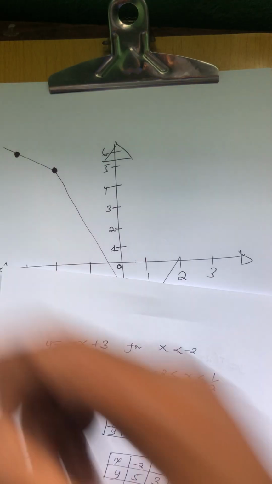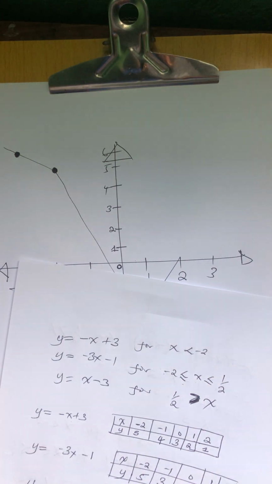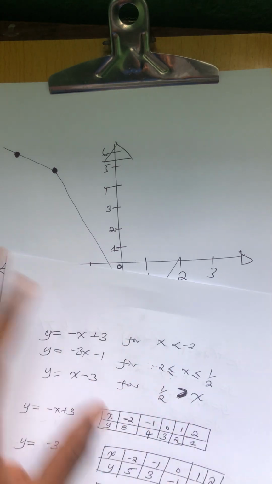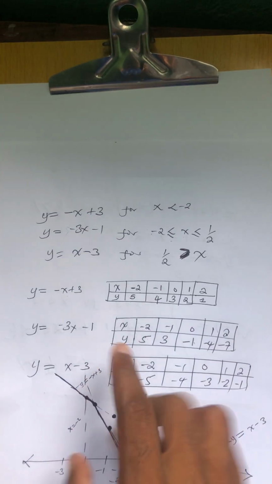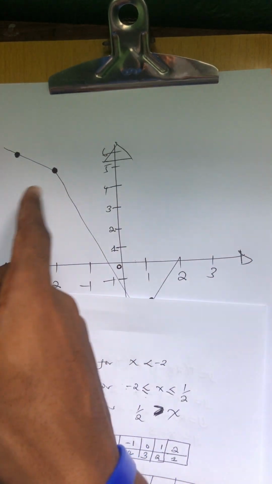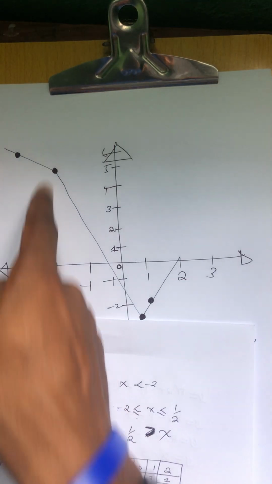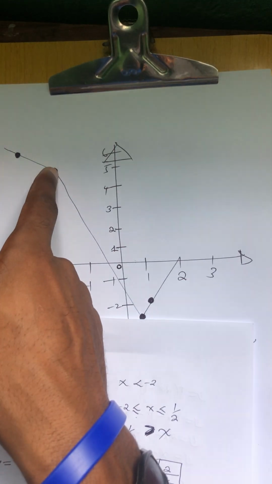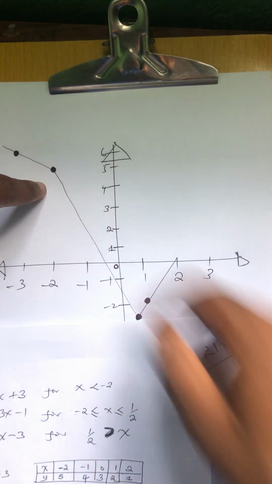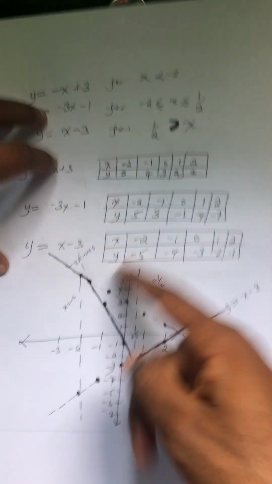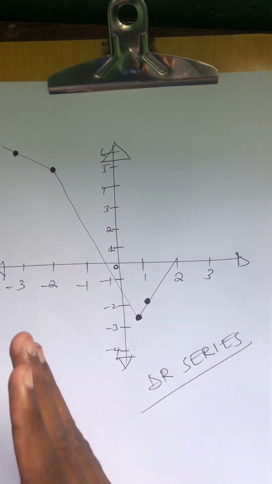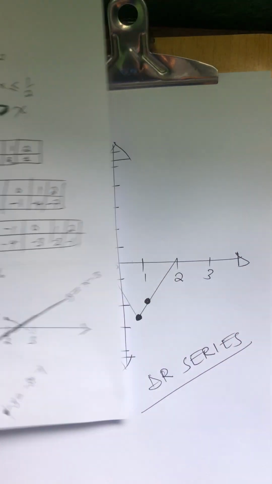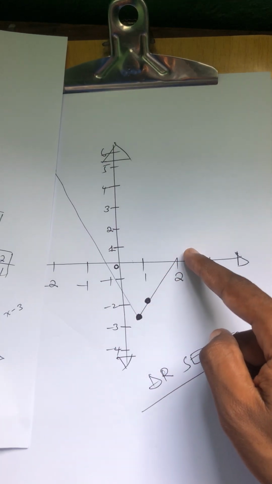But since we just focused on the breakpoints, we just ended there. This graph is linear and goes to this side, but we're only interested in where x is less than minus 2. And this one, we are only interested in where x is in between minus 2 and half. Then this one you are only interested in where x is greater than half.